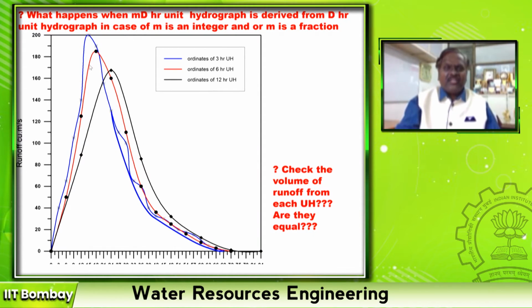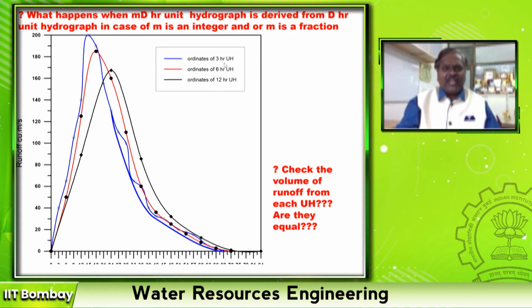What is the hydrological effect we can see in our hydrographs? So here I have compared 3 different unit hydrographs of different durations. Originally we had only the 6-hour unit hydrograph, which is drawn in red color, and we have derived the 12-hour unit hydrograph by the principle of superposition, right?